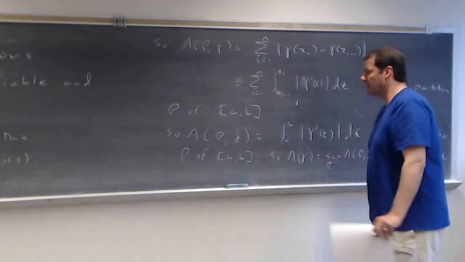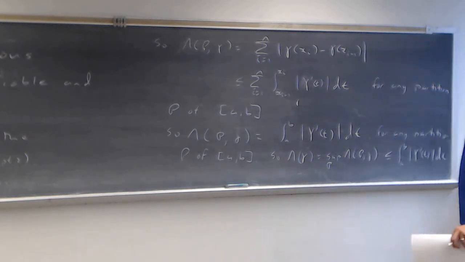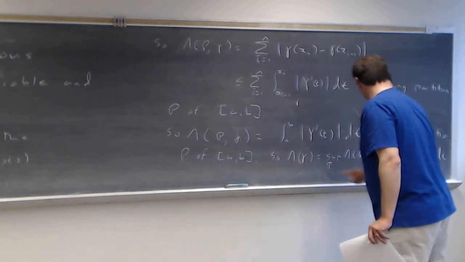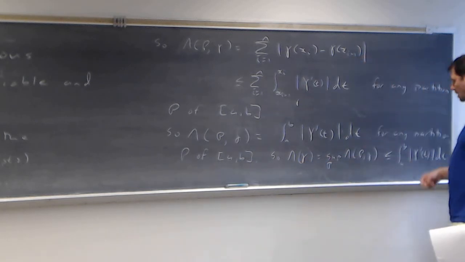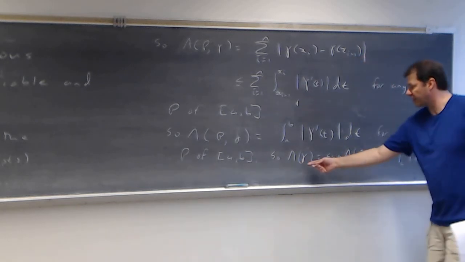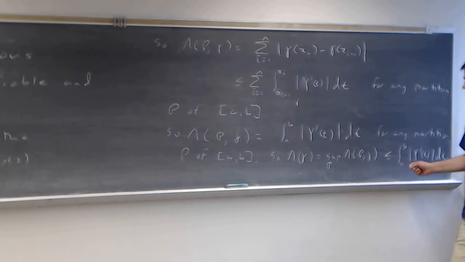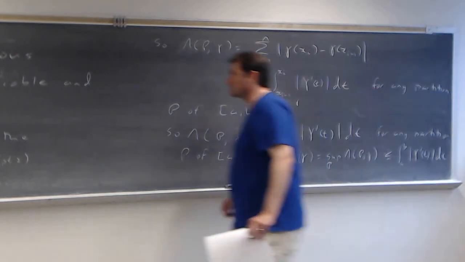Great. Remember, we're trying to show that this number, the length of gamma, is equal to this integral. And so the way we're going to do that is show this number is less than or equal to this integral, and then show that this number is bigger than or equal to this integral. So that's half the work.